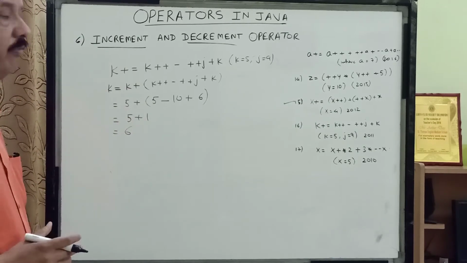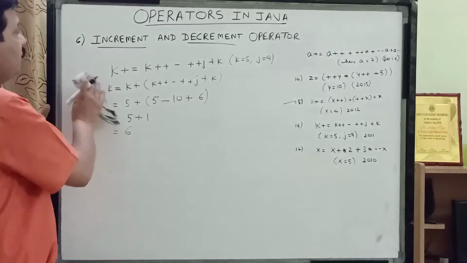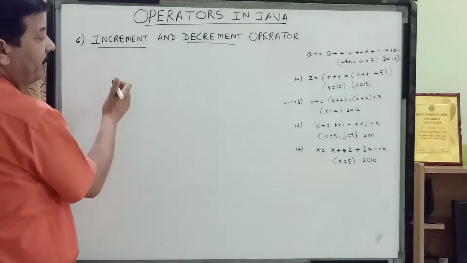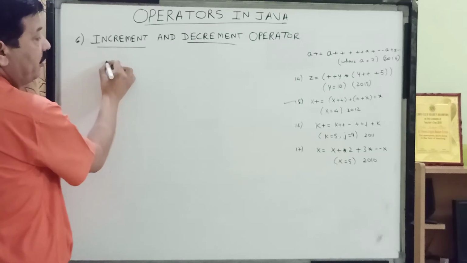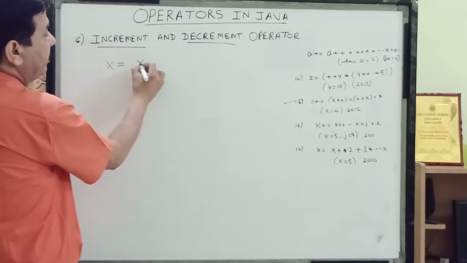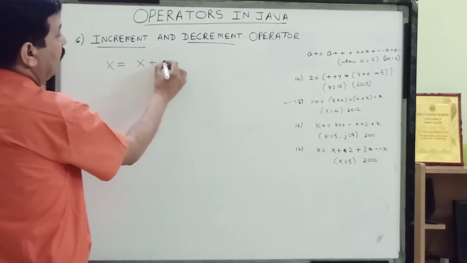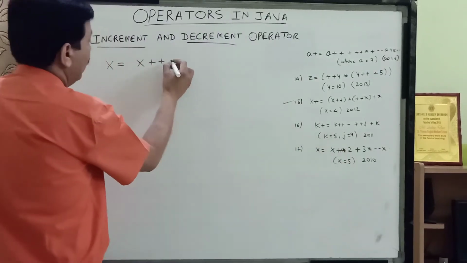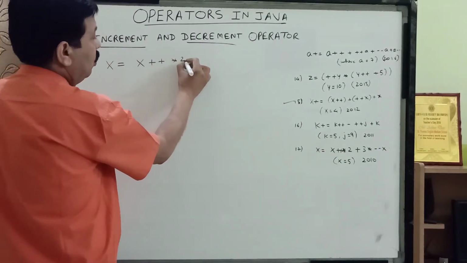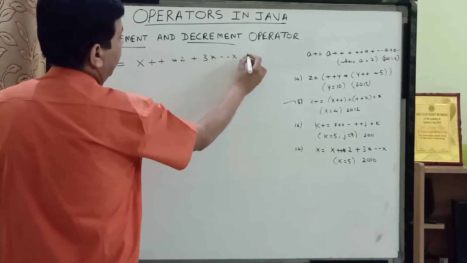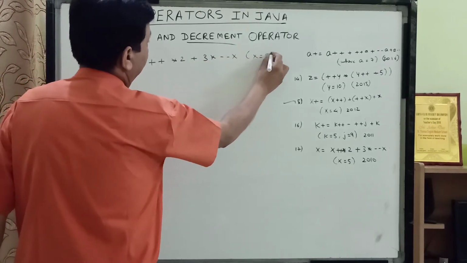I hope children you are following this. And the last one children is the 17th one, which is asked in 2010. It is x plus plus multiplied by 2 plus 3 into minus x, and the value of x is 5.